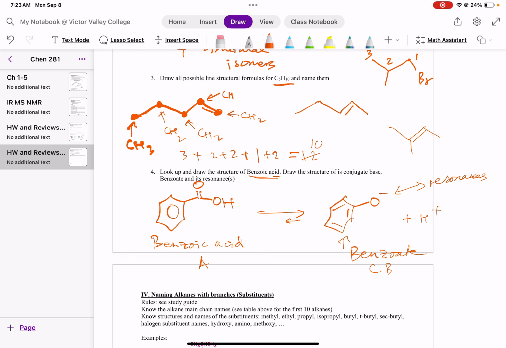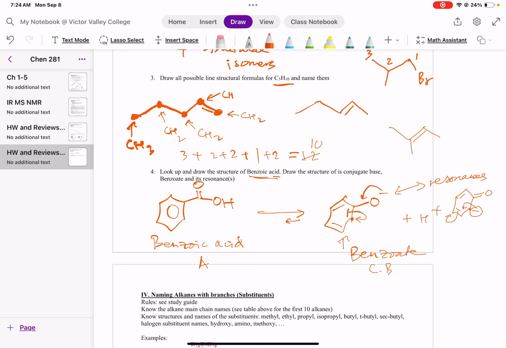So the first one is to make the double bond O. The other two double bonds are the same, but notice this one right here becomes negative because the double bond, which is the pi bond, turns into the lone pair.